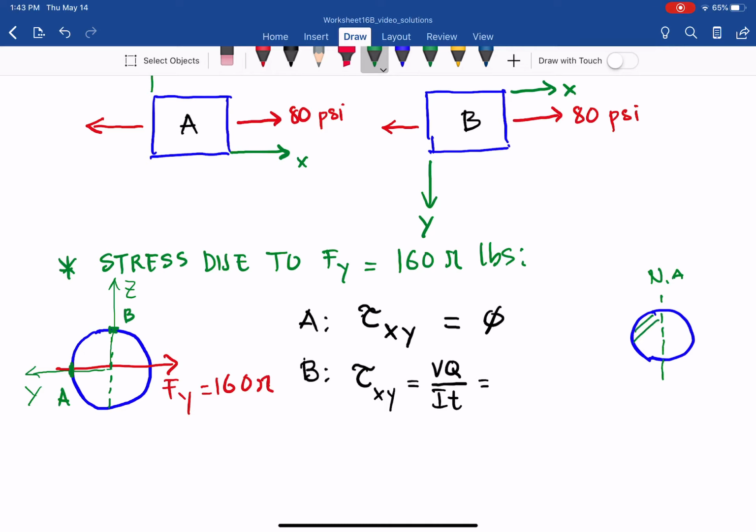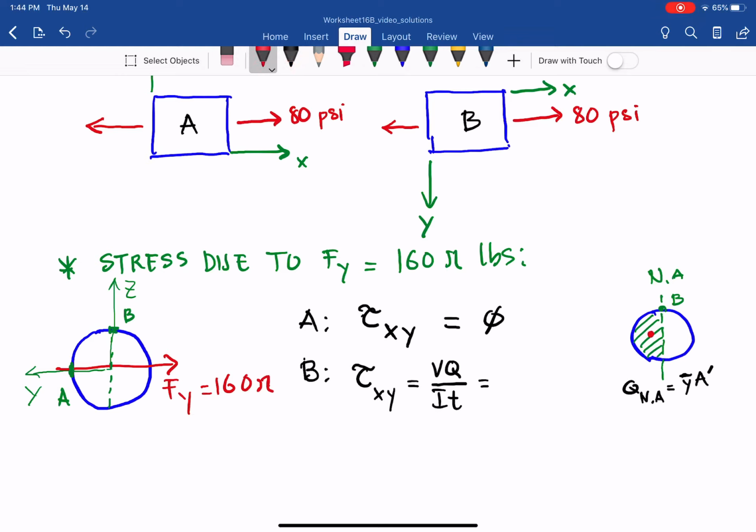For point B, in the neutral axis, Q at NA equals y bar times A apostrophe, with only one outward area. Here y bar is from the neutral axis to the centroid of the green area.